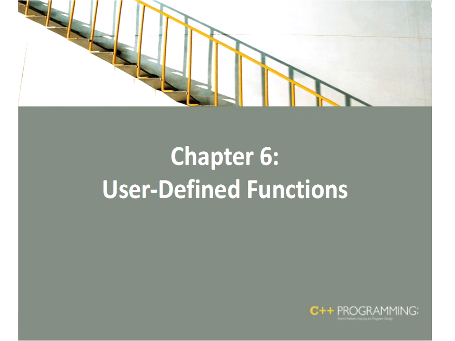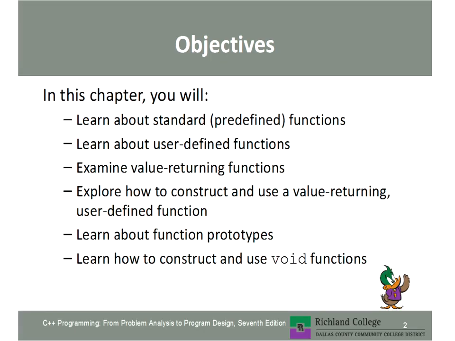Okay? But this week we have to start working on Chapter 6. And in Chapter 6 we talk about user-defined functions. So far we have heard of and used other people's functions.